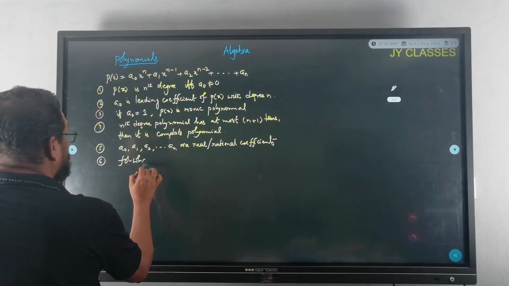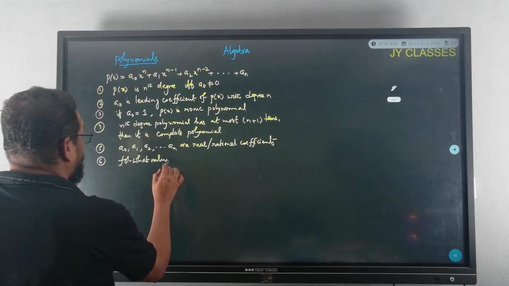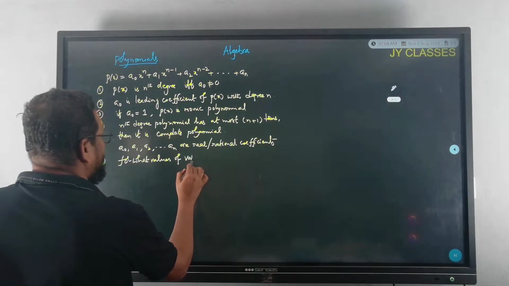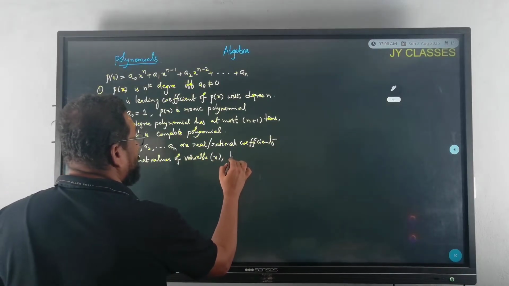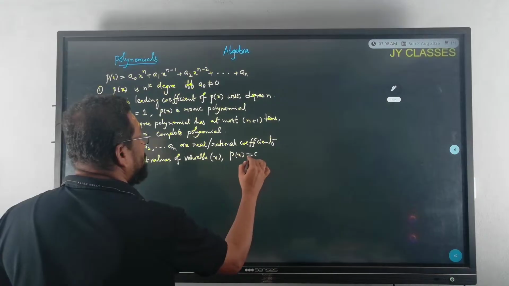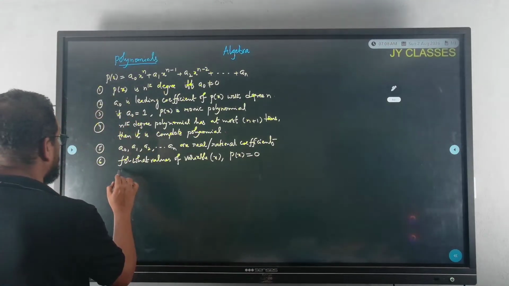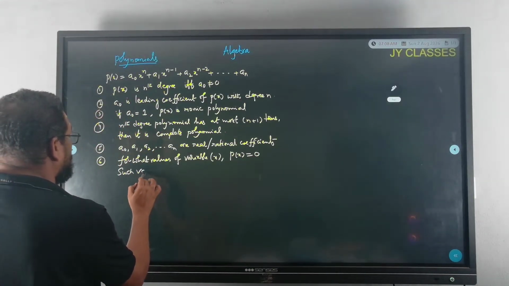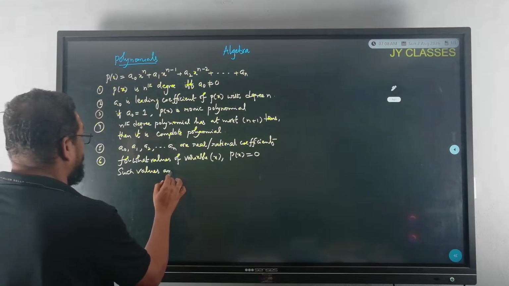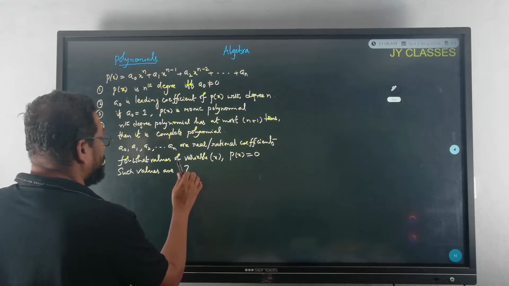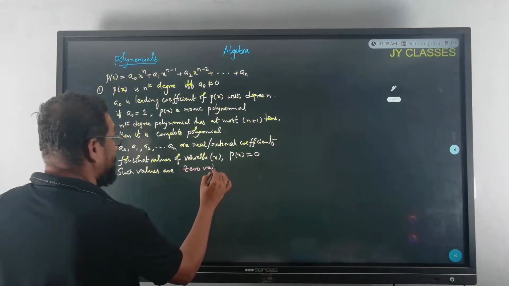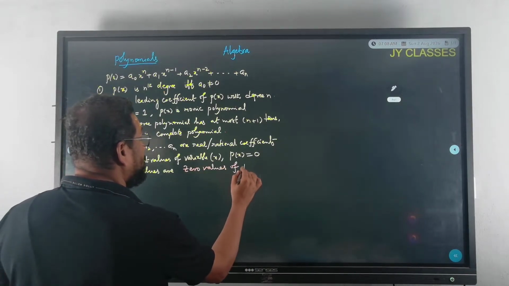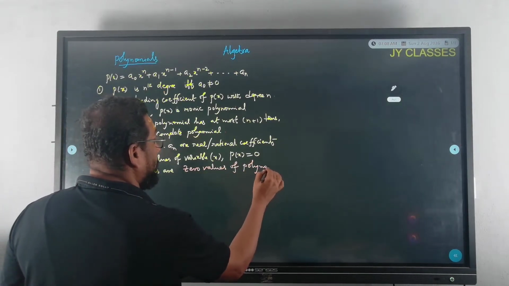For what values of the variable, here the variable is x, P of x equal to 0, such values are called zero values of the polynomial.